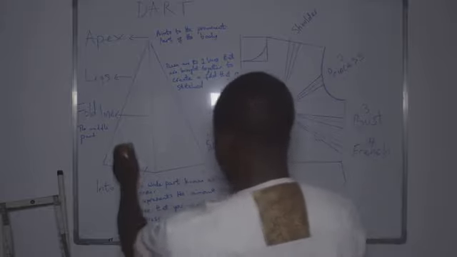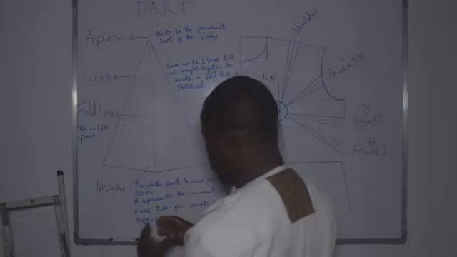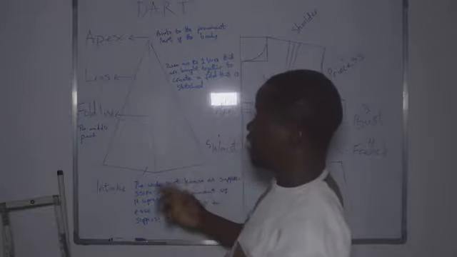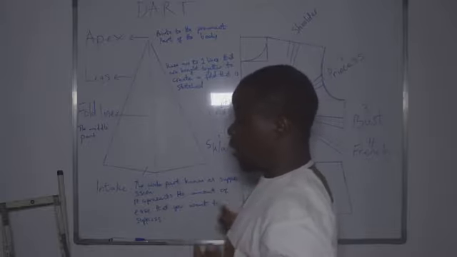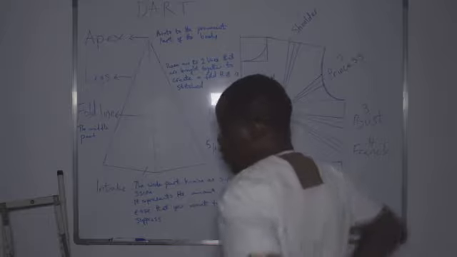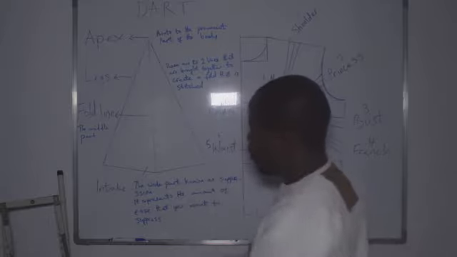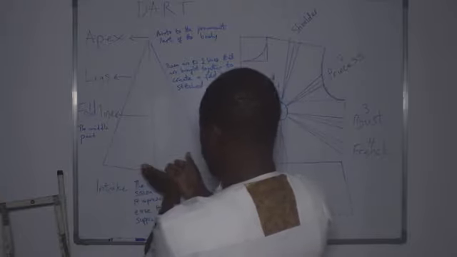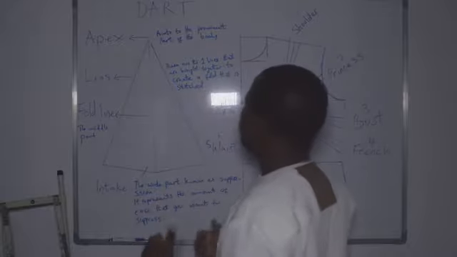It represents the amount of ease that you want to suppress in order to emphasize the prominent part. Remember, I said that the apex points towards the prominent part of the body, either the bust or the butt or the hip. So when you suppress the base, then the prominent part will be emphasized.